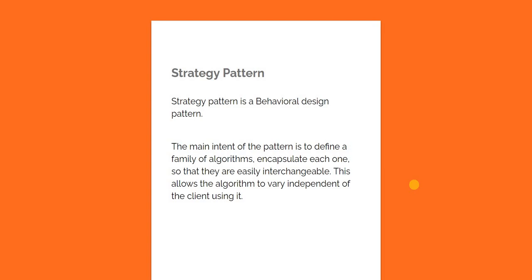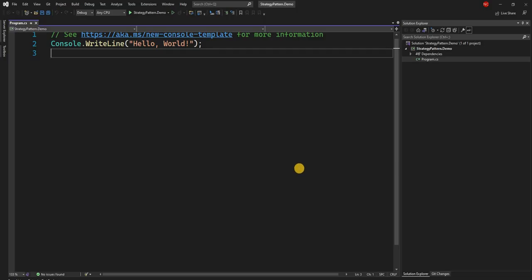But just like most design patterns, if we are implementing SOLID principles properly and following the single responsibility principle, the strategy design pattern will come out of the box with that. So first let me go and implement it. This pattern fits very well where we need to have multiple algorithms.